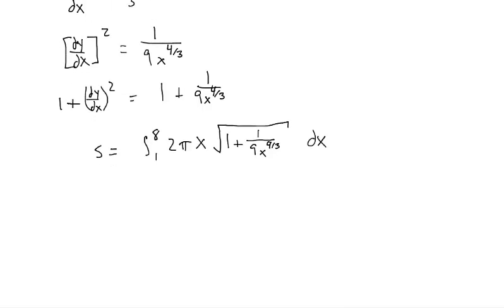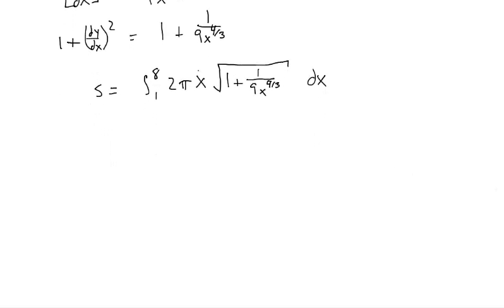And now I'm going to find a common denominator inside the square root. So I have s is equal to 2 pi times the integral of 1 to 8 of x and the square root. Now 1 can be written as 9x to the 4/3 over 9x to the 4/3. So I have 9x to the 4/3 plus 1 divided by 9x to the 4/3. And 9x to the 4/3 is a perfect square, so I can pull that out.